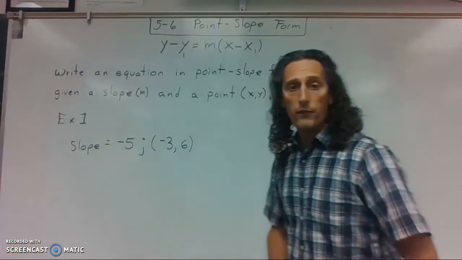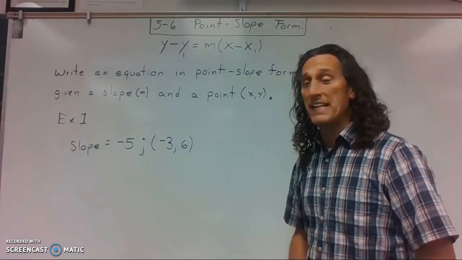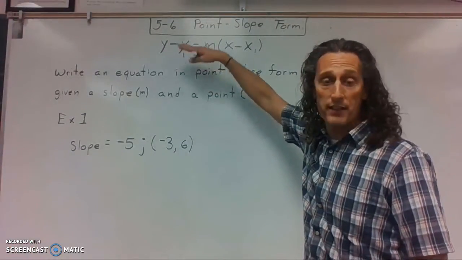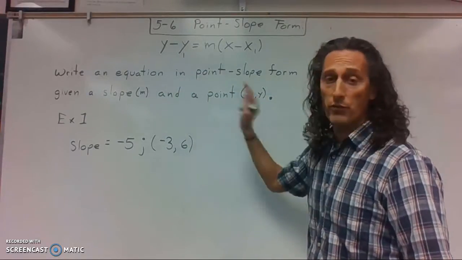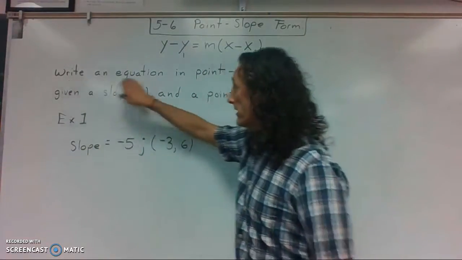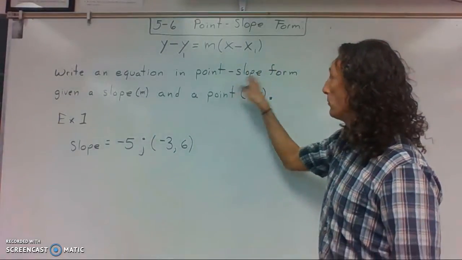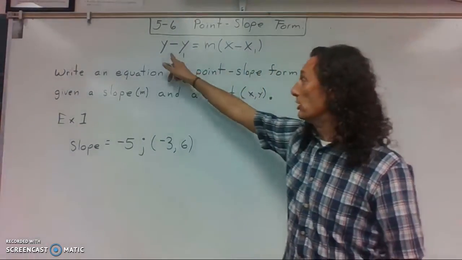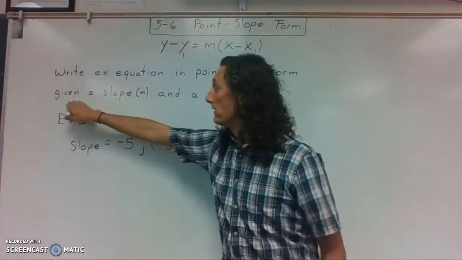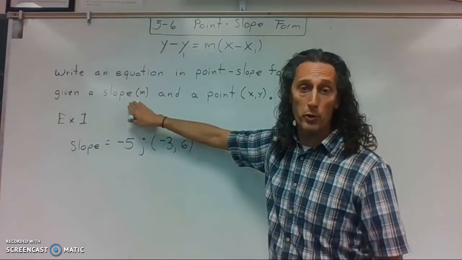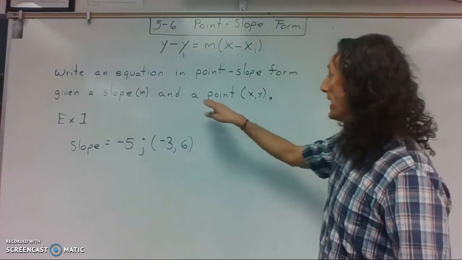equation. All right, for our first two examples, I need you to write down these instructions, okay? So I'm just going to quickly read it. It says, write an equation in the point slope form. So we have to write something that's going to look like this, right? Given a slope, so they'll give us the m, and a point.